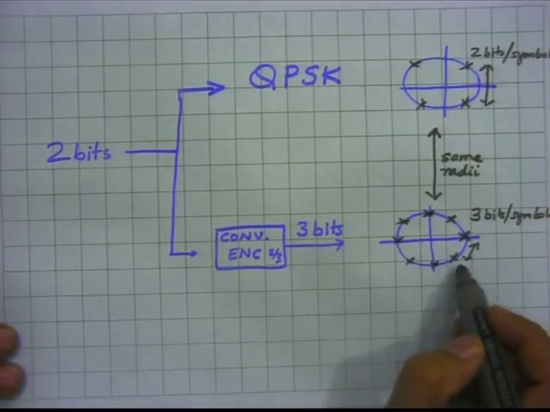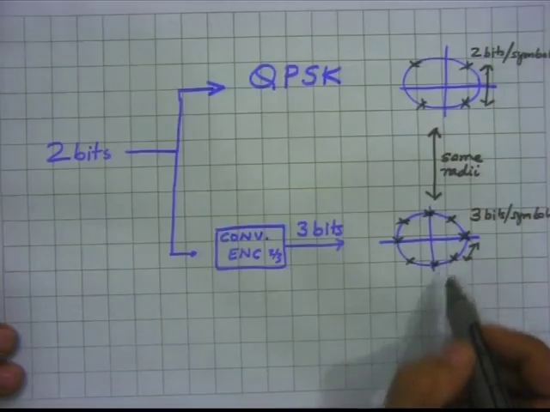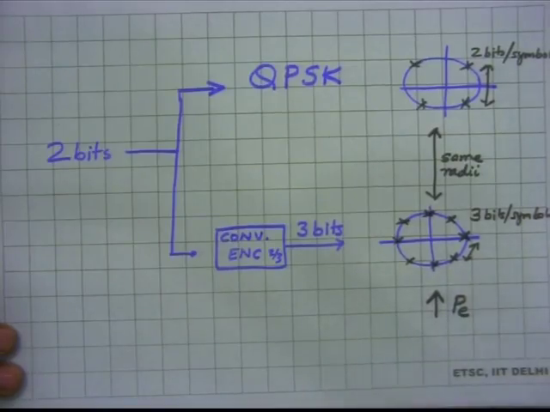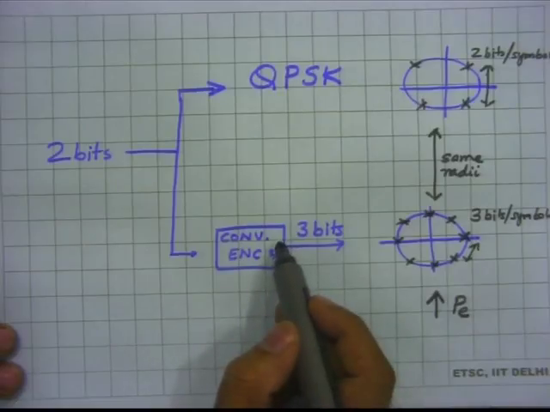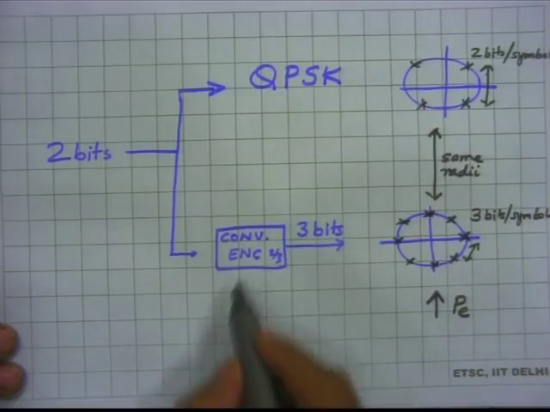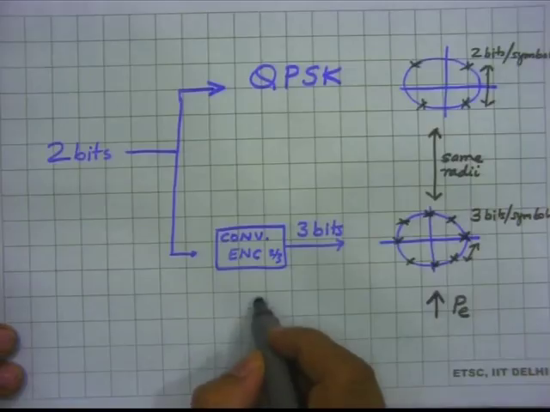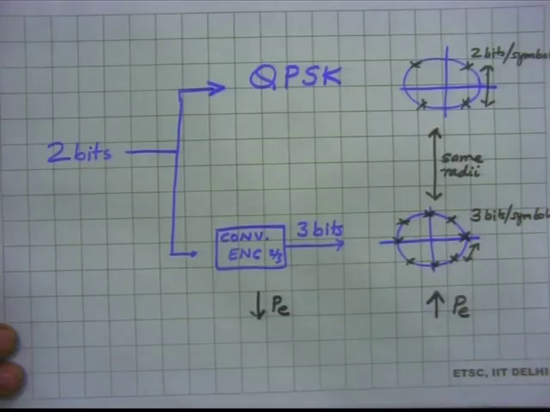So, the Euclidean distance going down may lead to an increase in probability of error, but you already have an error control code put into place, whose job is to reduce the error. So, this block is going to reduce the probability of error.